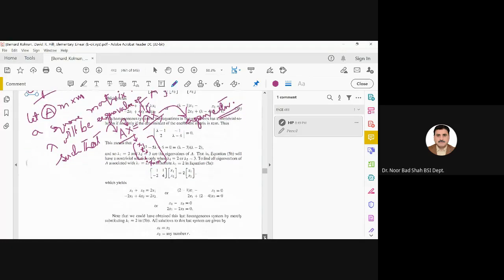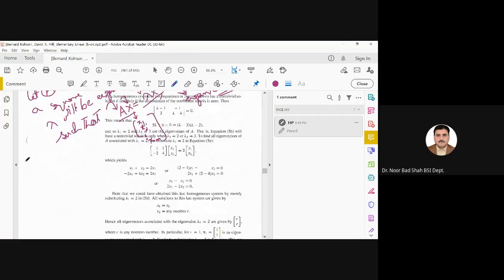Now, to find eigenvalues, we simply take the determinant of the given matrix A minus lambda times the identity matrix and equate this determinant to 0.